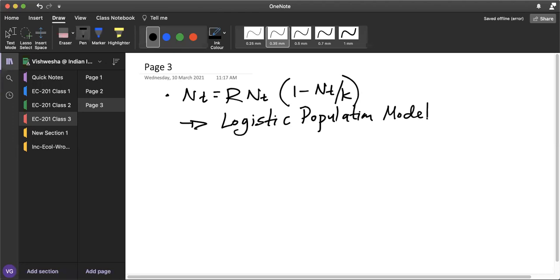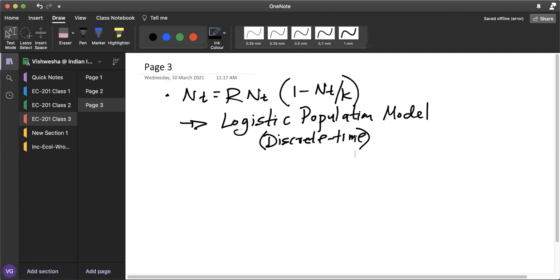Of course, the logistic population model comes in two varieties, and the one that we are looking at is the discrete time version. We will also study the continuous time logistic population model.